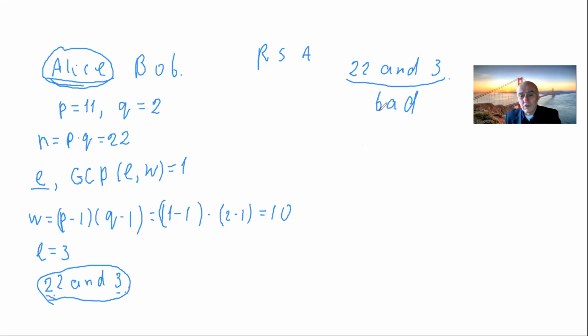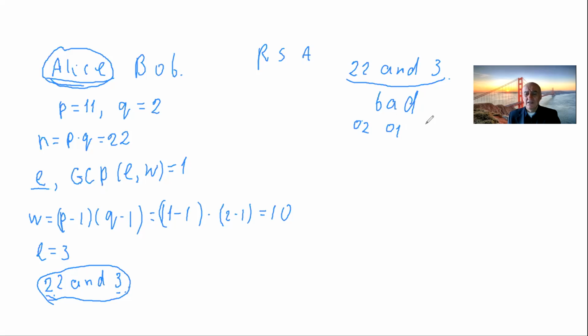Okay, first of all, Bob converts this word, these letters, to numbers. So we know B is 2, the second letter, so we can denote it by 02. A is the first letter, and we can convert it as 01.